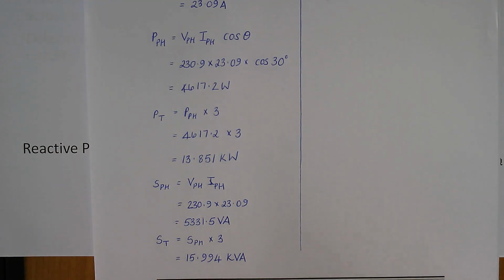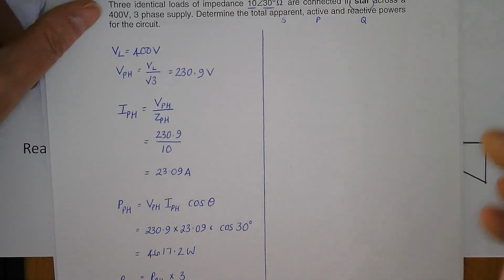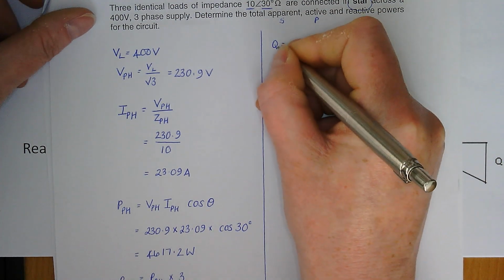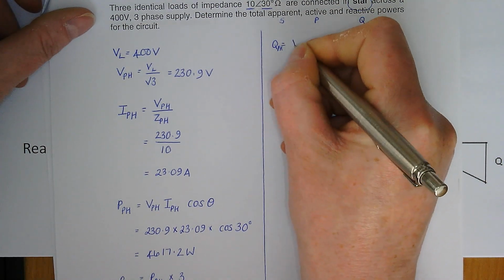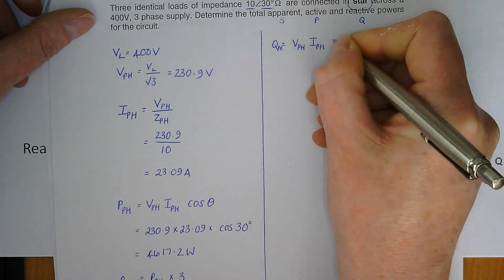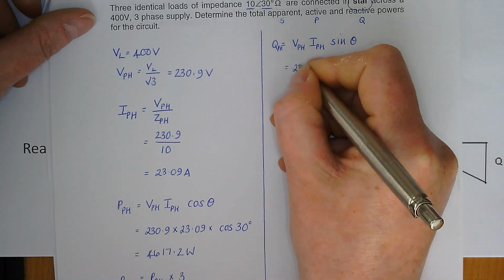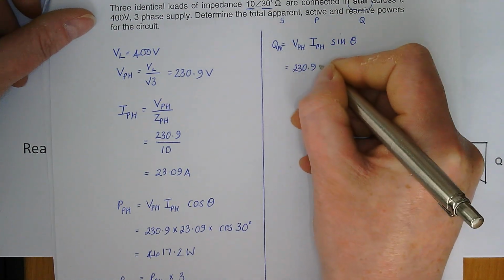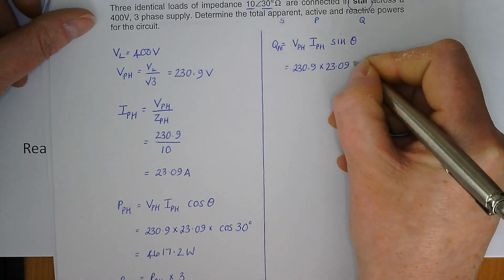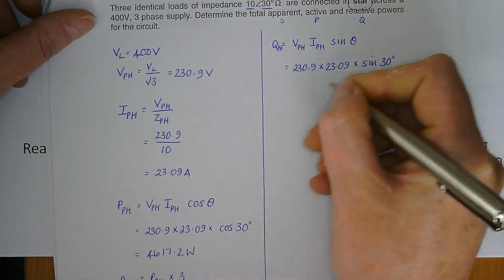That's me done my P, my S. Use the other half of my page. I can do my Q the same way. Q phase, V phase, I phase, sine of the angle. Same V, same I, sine this time, and the same angle.